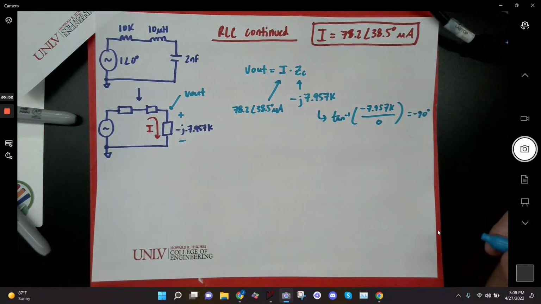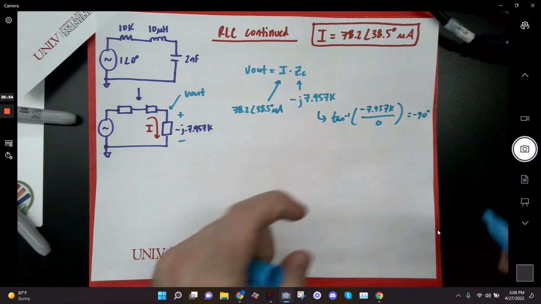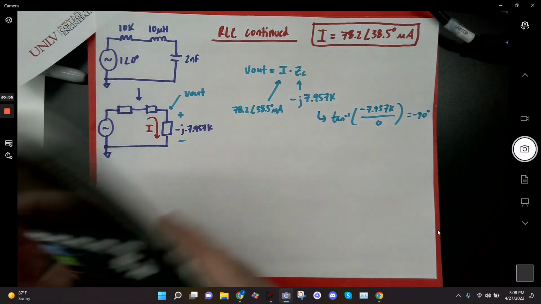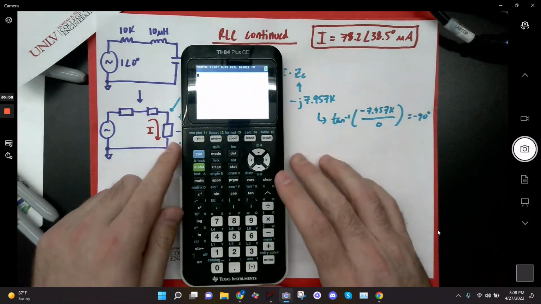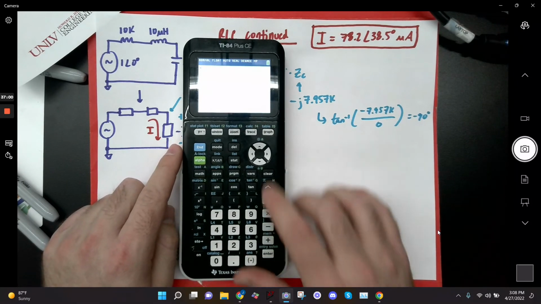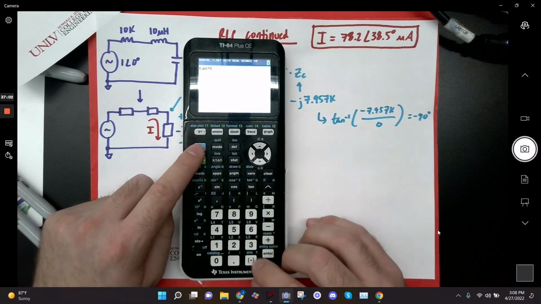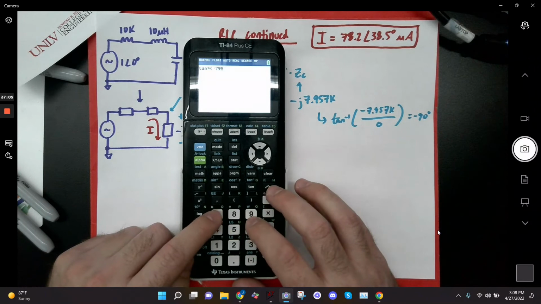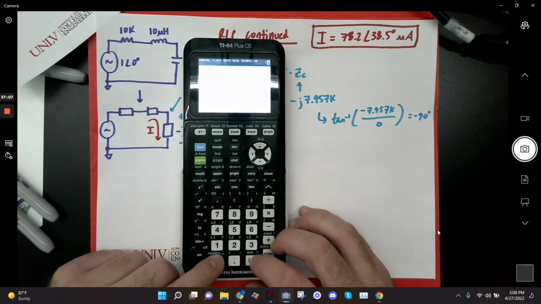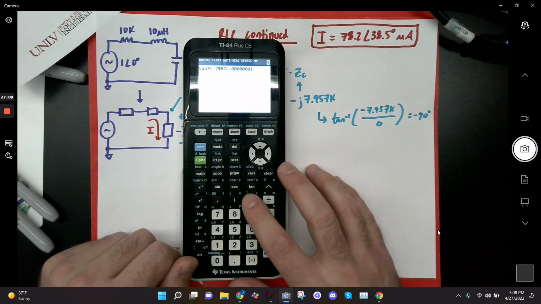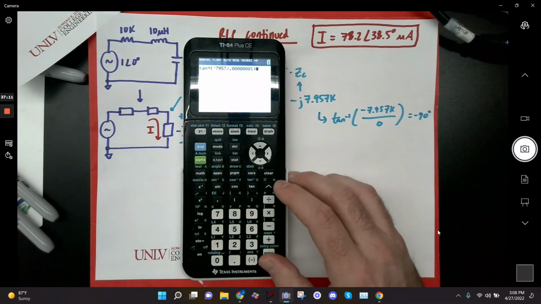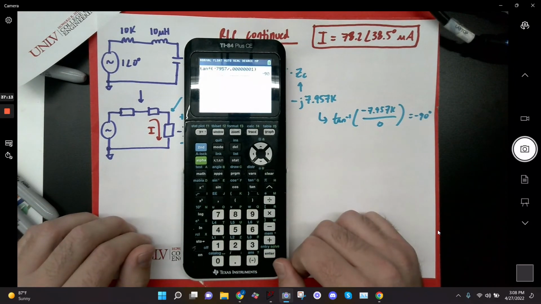All right. If you want to try and plug it into your calculator, I was showing people this earlier. What you would do is tan inverse of negative 7.957K, divide by some really small value, because you're basically taking some huge negative number, and you get negative 90. You see that?